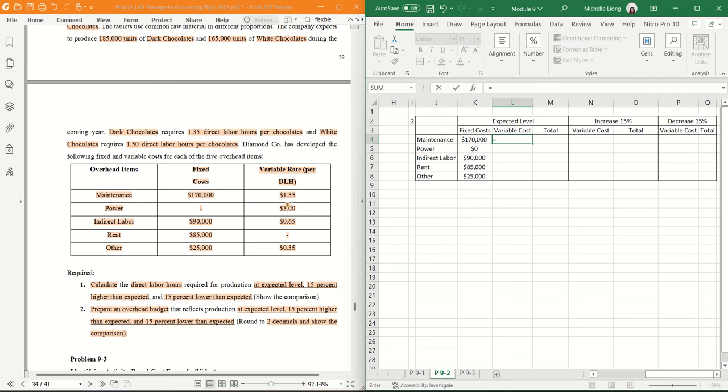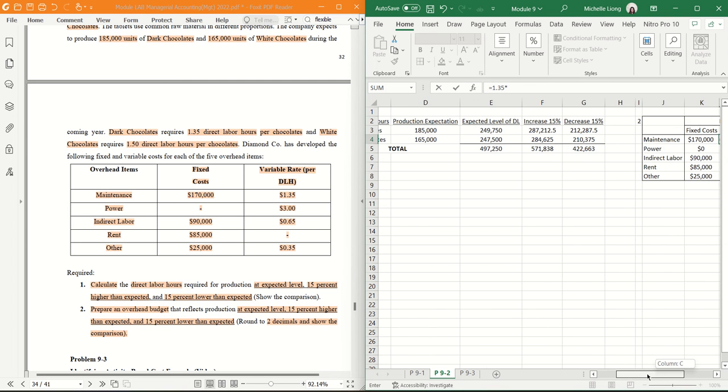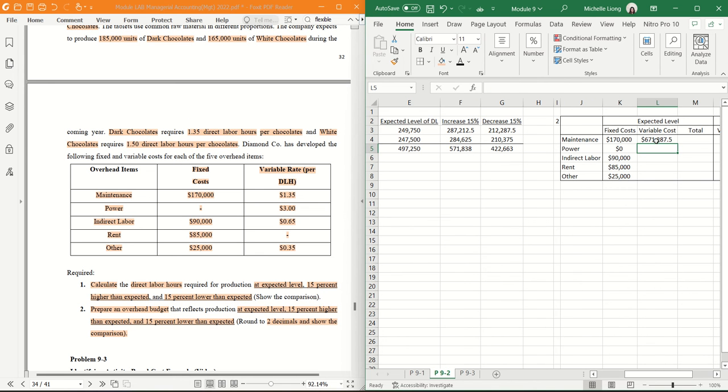So for variable costs, it's more complex. Why? Because we have our rate right here. So 1.35 times the variable cost we have earlier, which is this one. We take the total amount and not the single amount, because we're going to find both of these, dark chocolate and white chocolate production. So we take the total and we get this amount. And the total is to sum both of them, adding the fixed and variable cost together. For the power, it's still the same: take the variable rate, which is $3, times your total.